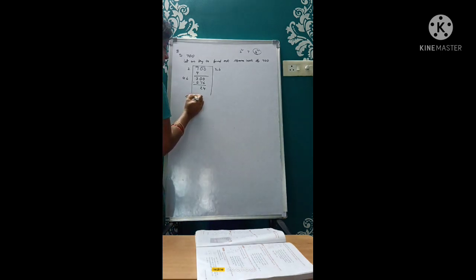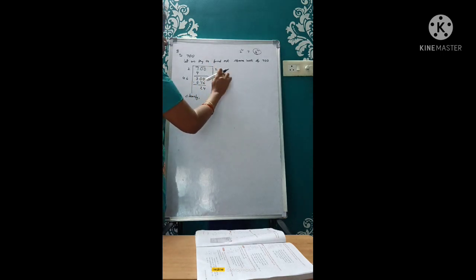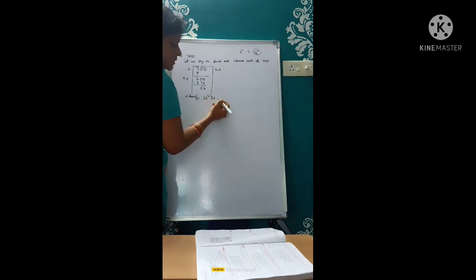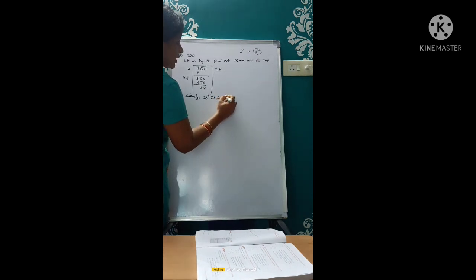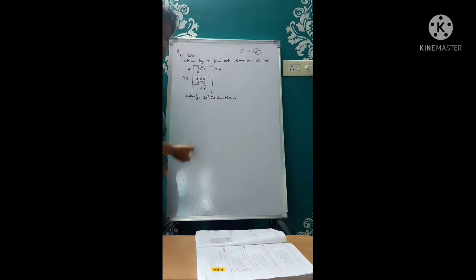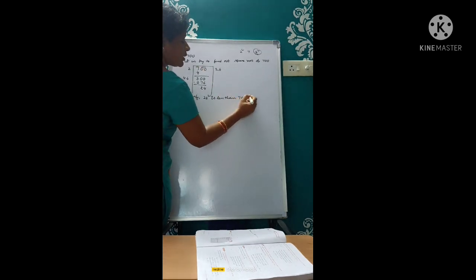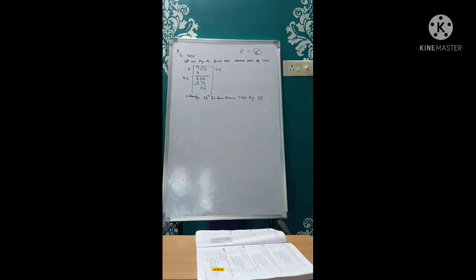Clearly, 26 square is less than 700 by 24.